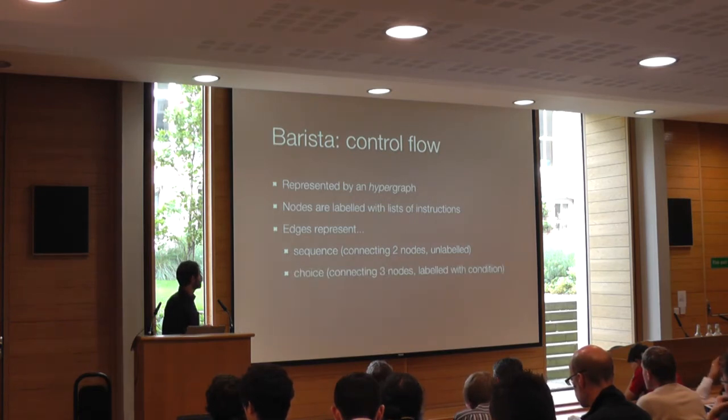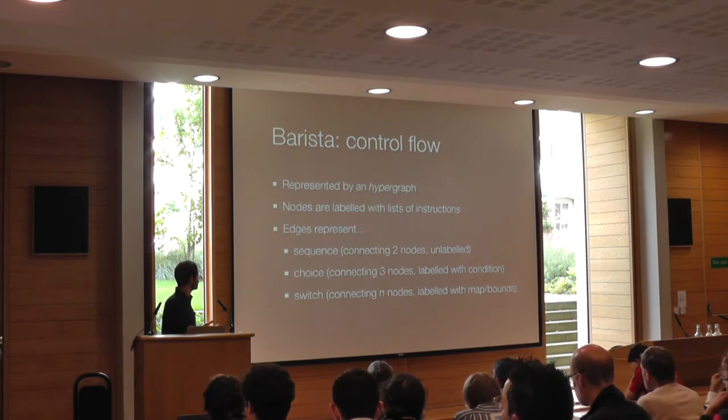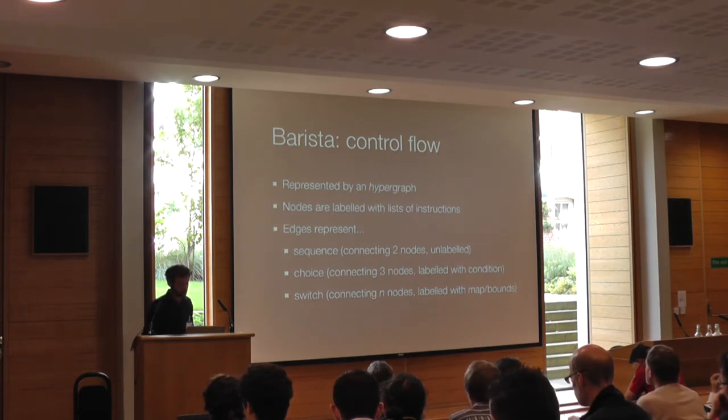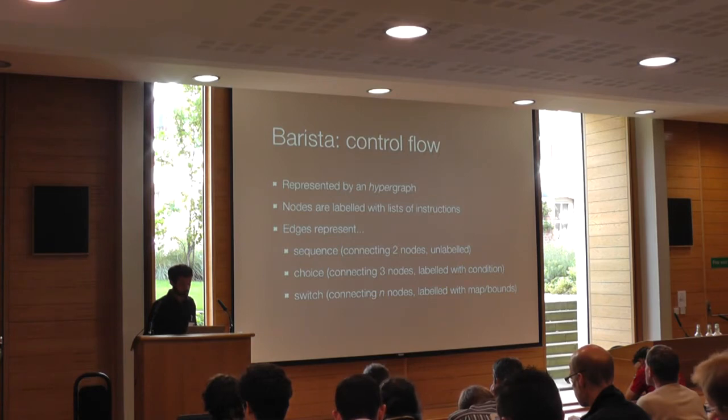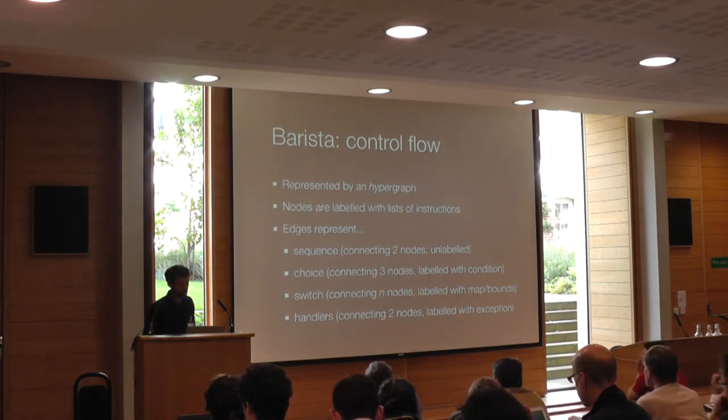You have choice edges that connect three nodes, one source and two destinations that are chosen according to a condition. And more generically, you have a switch node that connects one source and as many destinations as you have elements in your switch. And also, you have a particular kind of edge that is used to represent exception handlers.